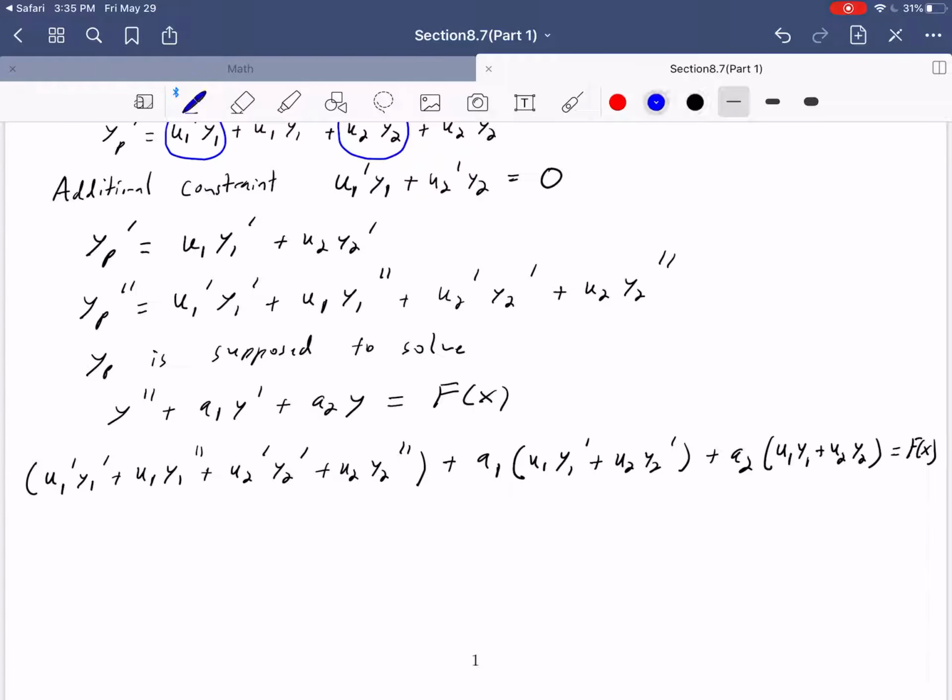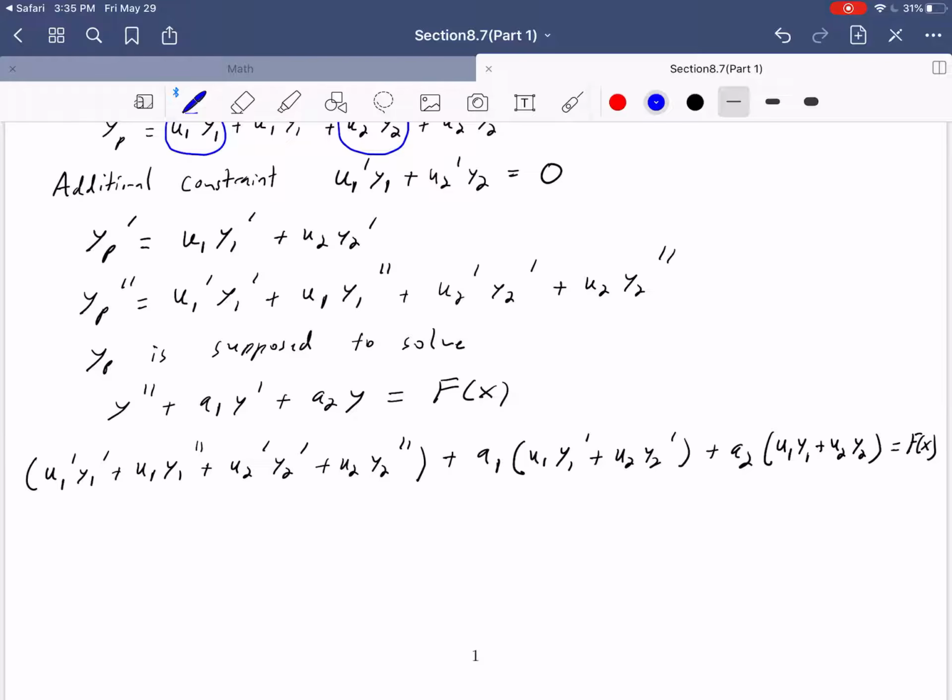Now, I want to do a little bit of clever gathering here. And I'm going to use some colors to help make this a little bit more understandable. We're going to gather this piece here, this here, and this here together. So let's gather all those, and we'll look at that as u1, y1 double prime, plus a1, u1, y1 prime, plus a2, u1, y1.